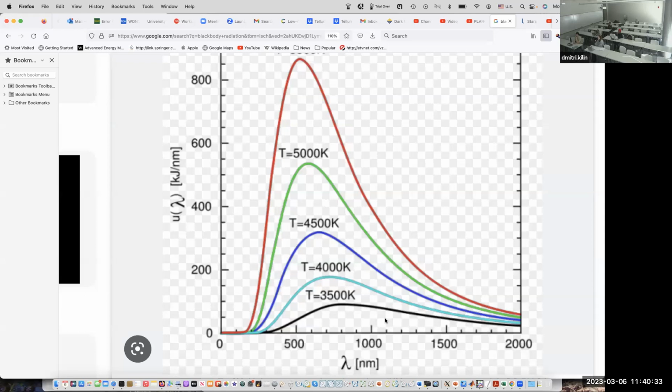This will be a part of your homework due on Wednesday in class, and you shouldn't be uncomfortable or scared. It is much simpler than things that you did before. So look at the data that we collected last Monday and identify, based on the spectrum, what was the temperature of the filament.